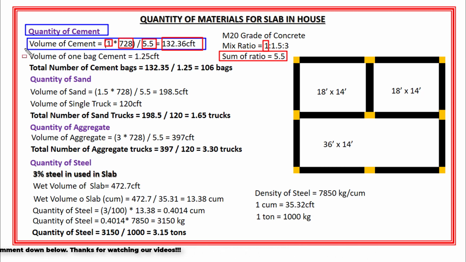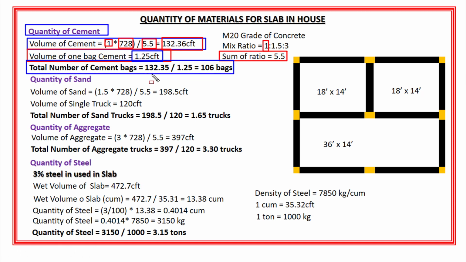And we know that the volume of a single cement bag is equal to 1.25 cubic feet. So the total number of cement bags is equal to the volume of cement, which is 132.36 cubic feet, divided by 1.25 cubic feet, which is the volume of a single cement bag, and the total number of cement bags will become 106 bags. So finally I can say that in the construction of this 37.5 feet by 30.25 feet slab, I will need 106 cement bags.